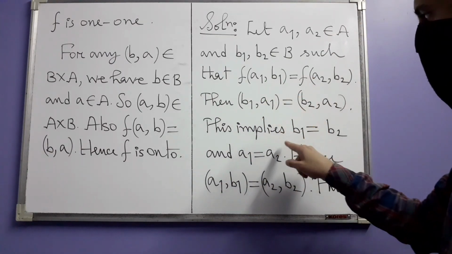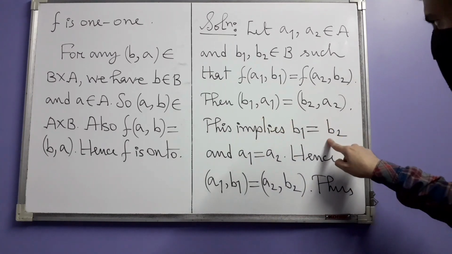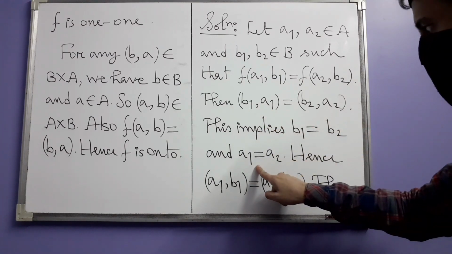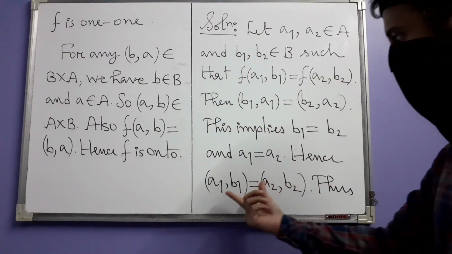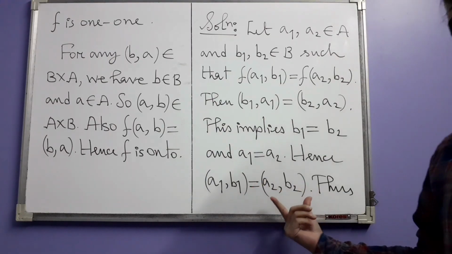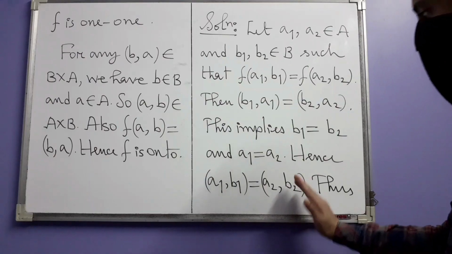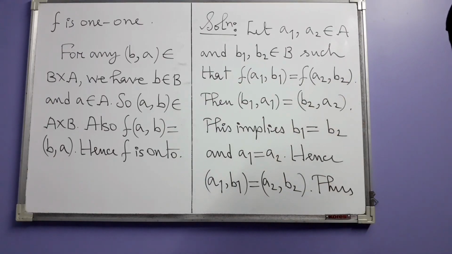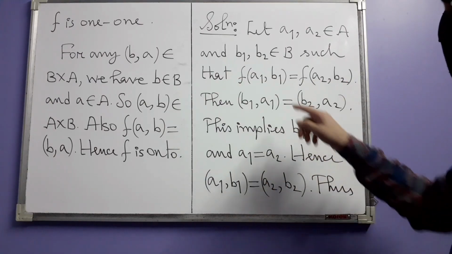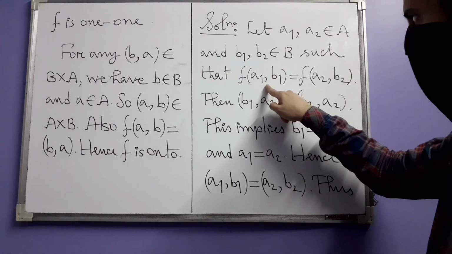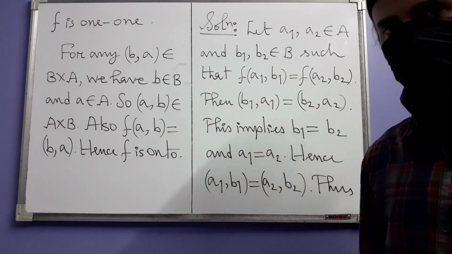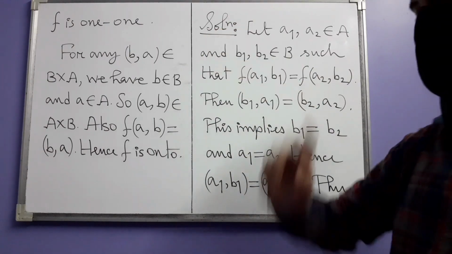So this implies b1 is equal to b2 and a1 is equal to a2. But when that happens, (a1, b1) is also equal to (a2, b2), because a1 and a2 are the same and b1 and b2 are the same. So that's it. We have shown that when outputs are equal, inputs are also equal. So that means f is 1-1.